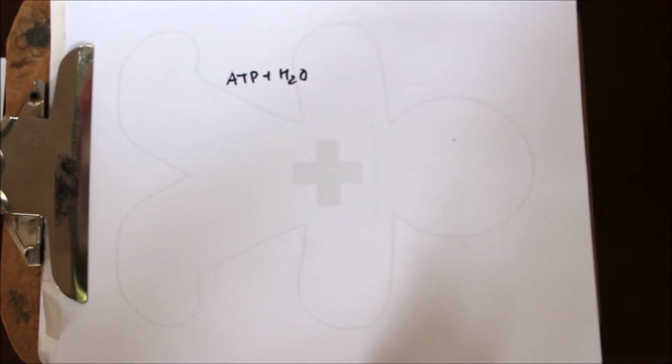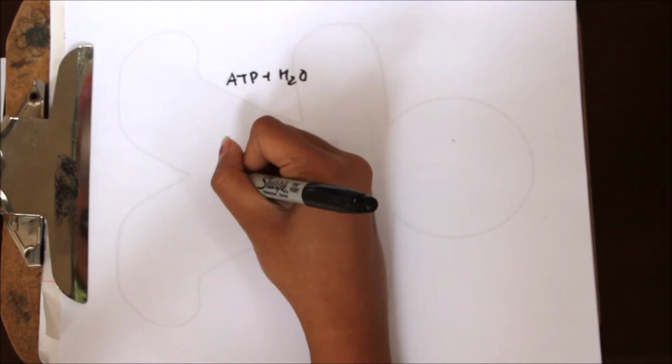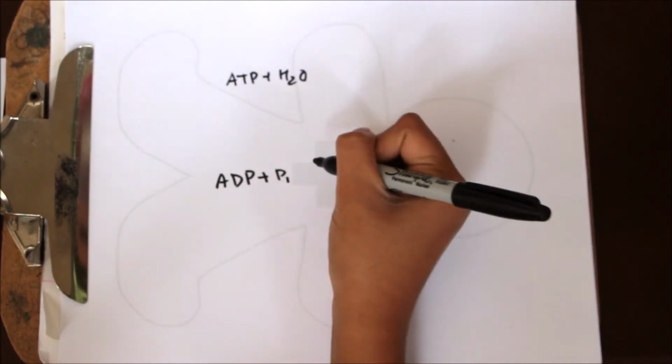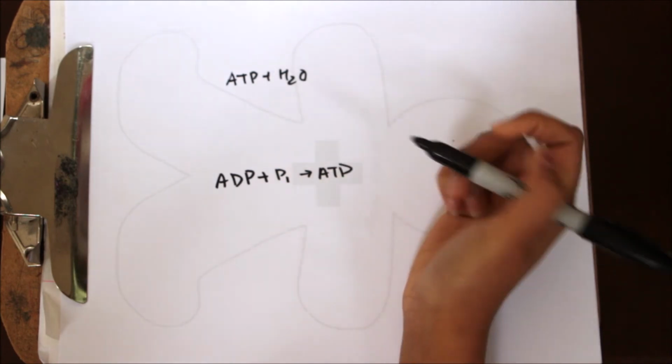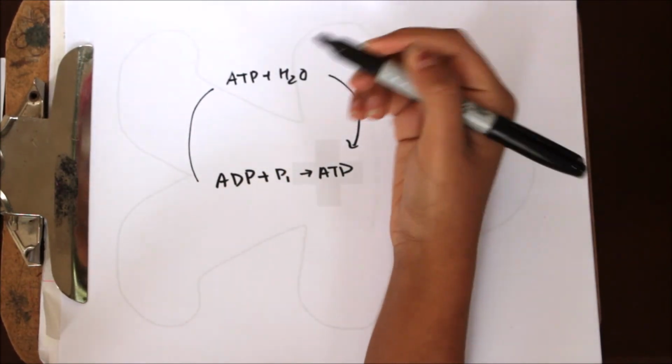That's where ATP regeneration happens. ATP is hydrolyzed, and in regeneration, you have ADP and you add the phosphate group to get ATP. This reaction happens in a cycle, which is called the ATP cycle.